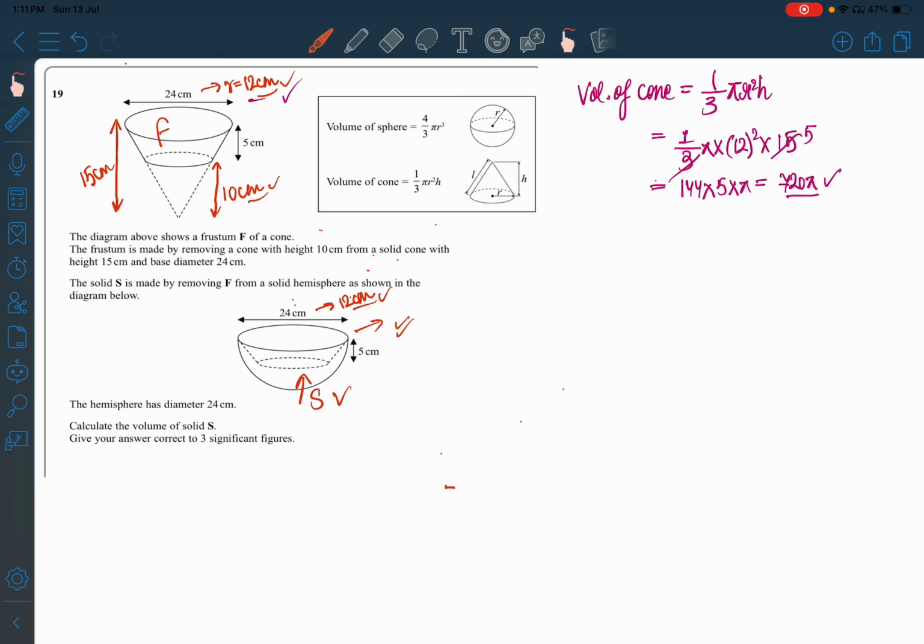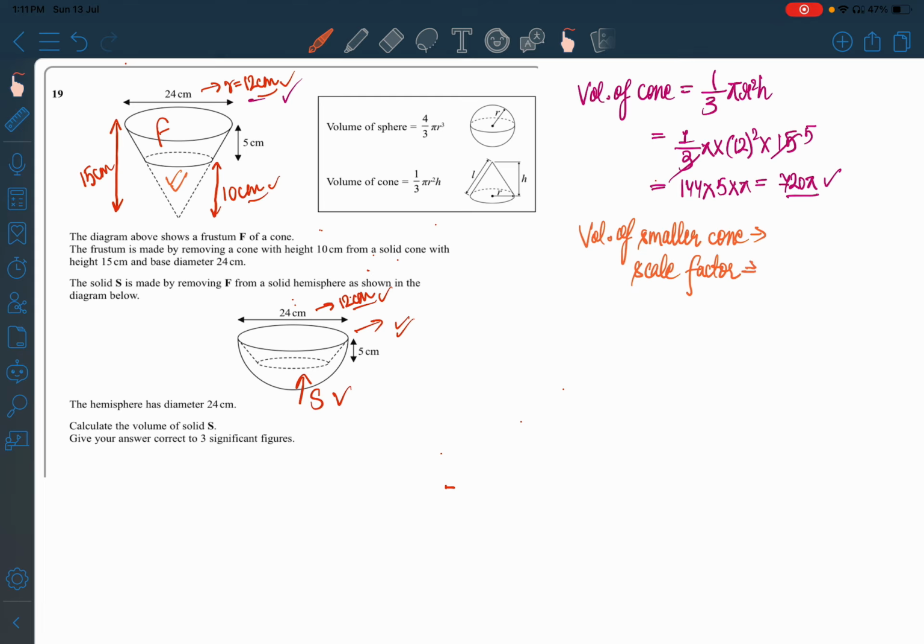We have to find the volume of the smaller cone. This is the smaller cone. Now we have to find the scale factor.